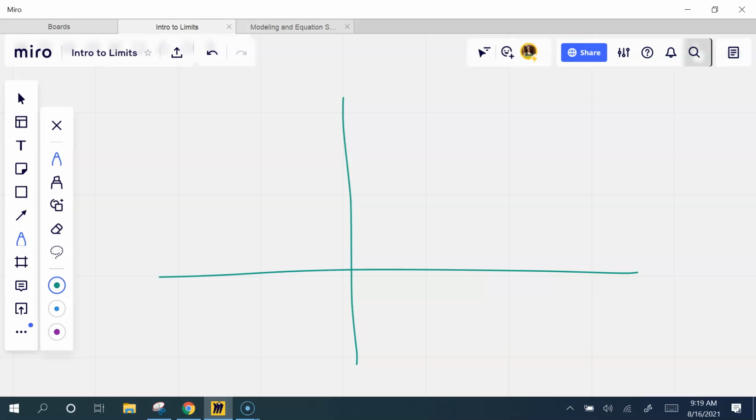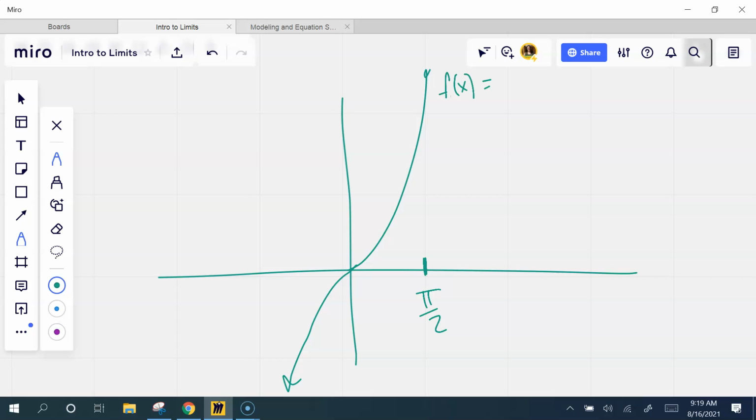Let me do a tangent. Let's define this. Let's not worry about the other side of this, okay? As I get closer and closer to pi over 2, this is still going to be a one-sided limit.